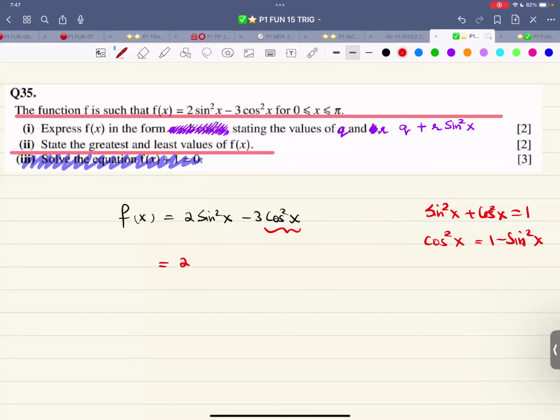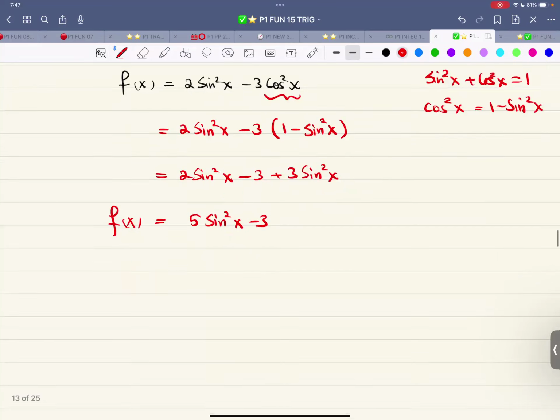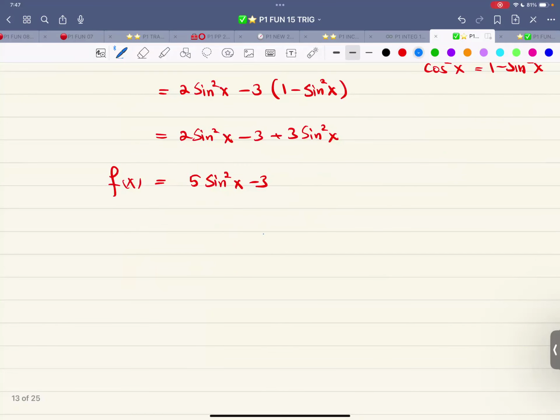So this is 2 sine square x minus 3 bracket 1 minus sine square x. This is 2 sine square x minus 3 plus 3 sine square x. This is 5 sine square x minus 3. This is your f(x).